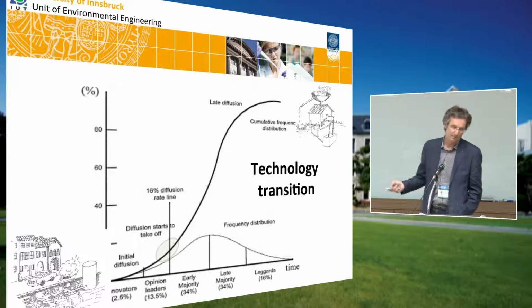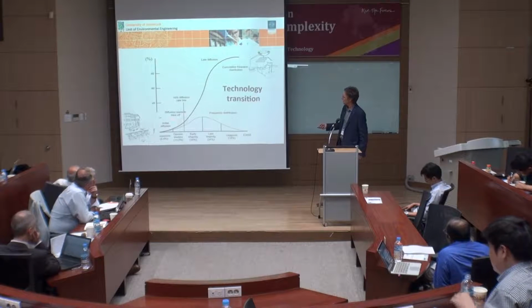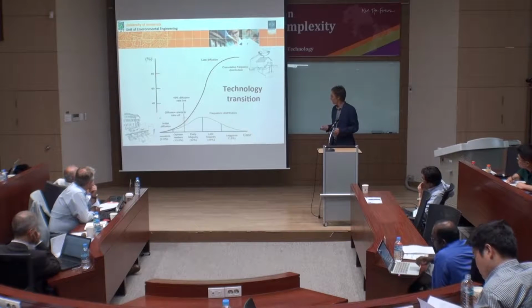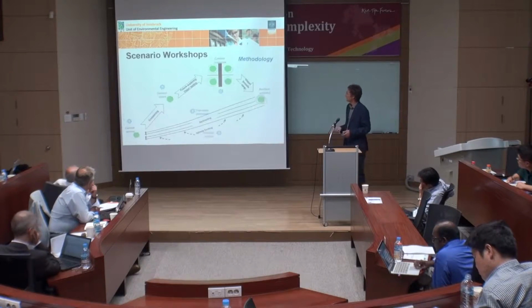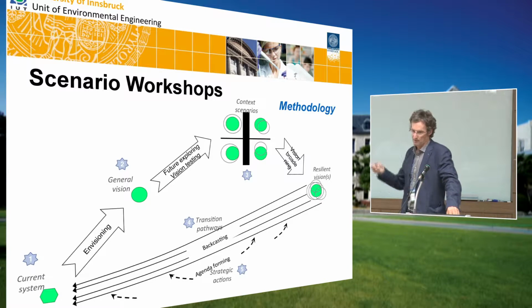First is technology transition. If we discuss technology transition, there's a whole field in itself. That's the common theory: you have an innovation, you have an initial diffusion, and you have a sort of logistic growth curve until a technology is really diffused into society. If we try to implement something like this in our models, because we need it, if we model into the future, we have to deal with the changes in our technology. Then we cannot avoid that we need, as a basis, something like a scenario workshop. That's actually a theory which has been developed at Monash by the socio-economic group there.